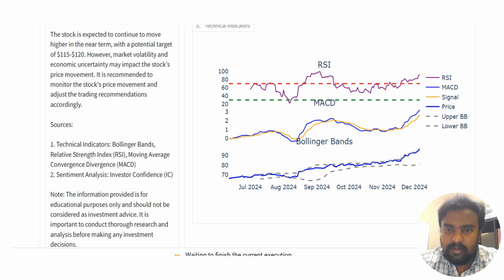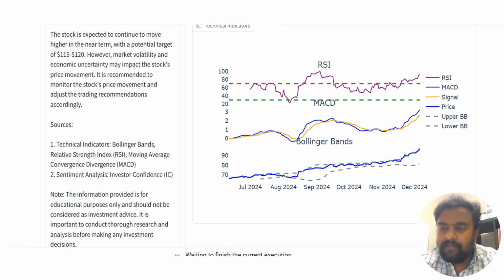As I told you before, the RSI, MACD, and Bollinger Bands, which I already told you about. With this, the technical indicators, look over here at the sources we use, like Bollinger Bands technical indicators, and sentiment analysis like investor confidence. With this, we can give a very clear explanation.